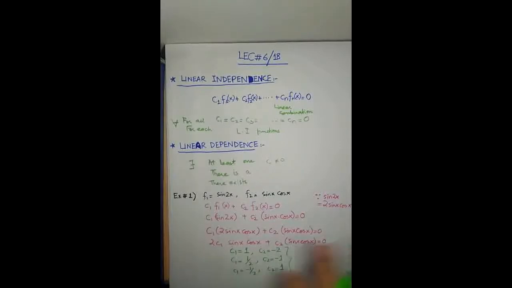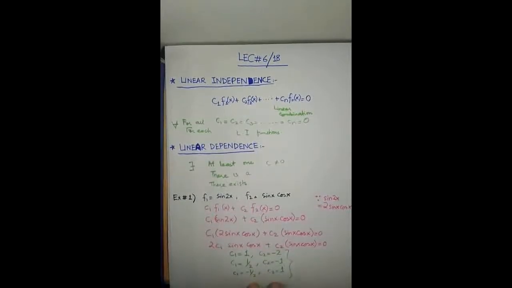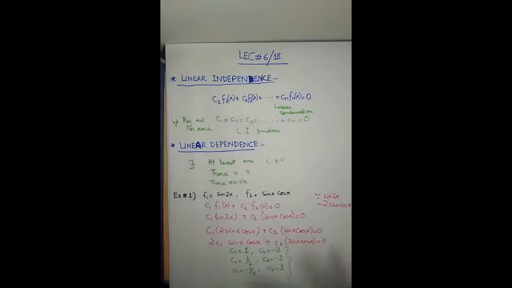In every selection of these particular values of c1, c2, you can see that these two c's are non-zero. You have to check whether these functions f1, f2 make the linear combination linearly independent or dependent. So you can definitely see with every selection, the c's are not 0.